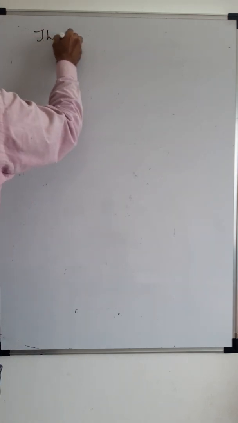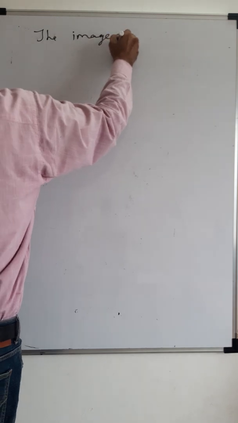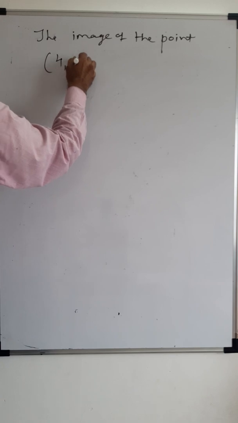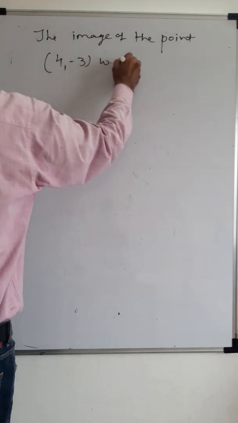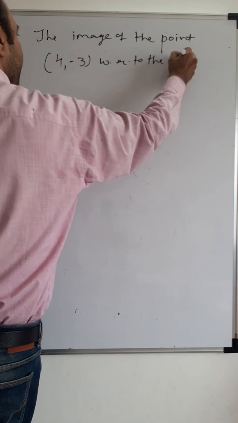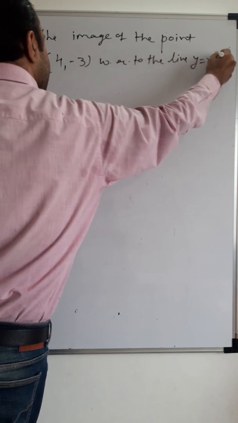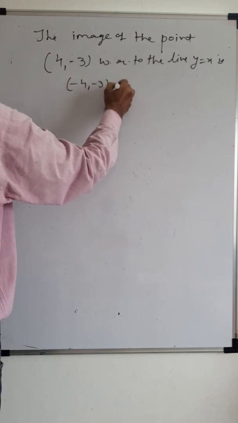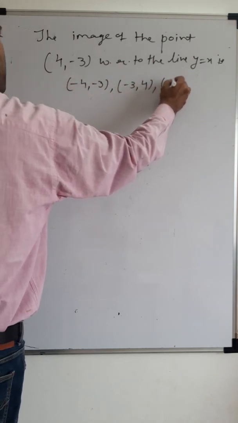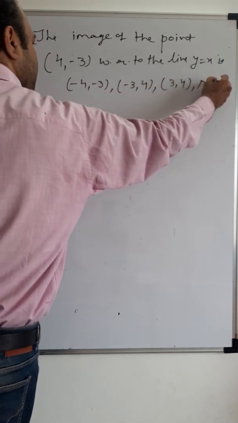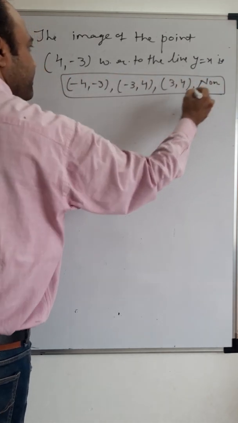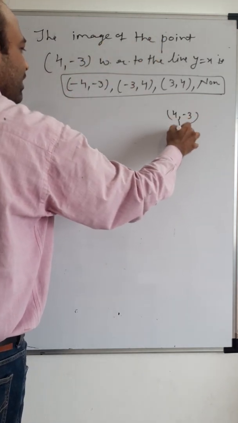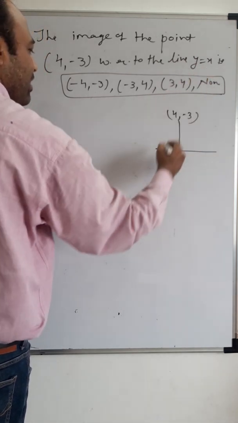The image of the point (4, -3) with respect to the line y equals x is. Correct? These are the options. So the image of the point, let's say (4, -3), with respect to the line y equals x.